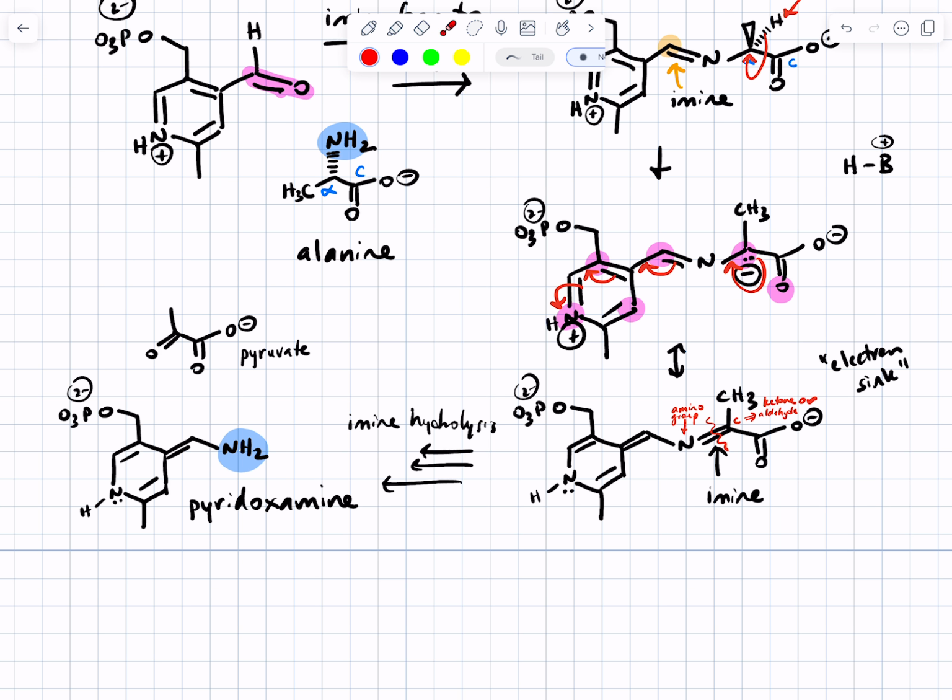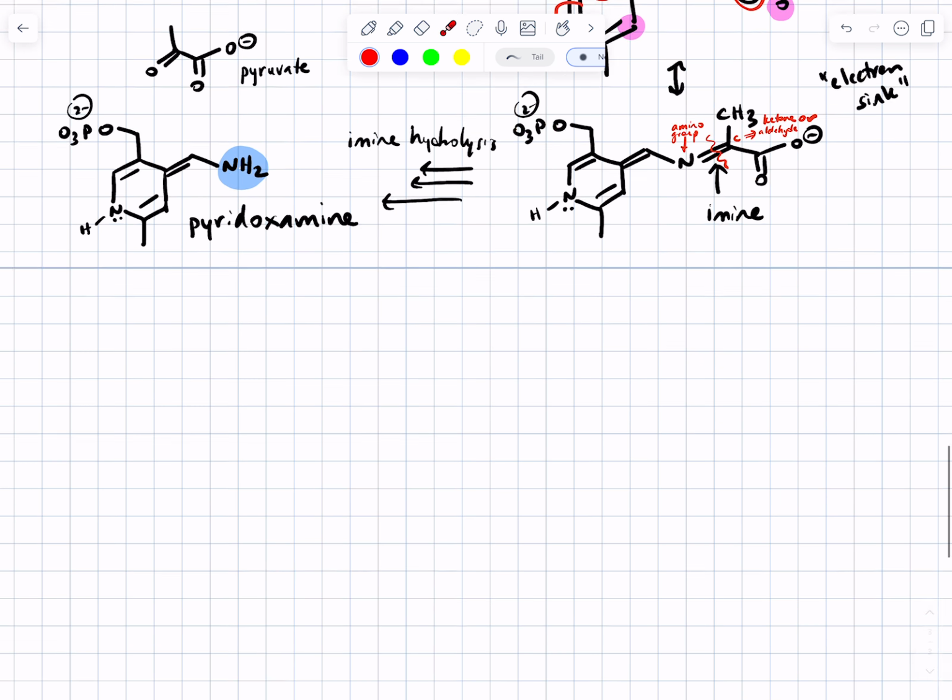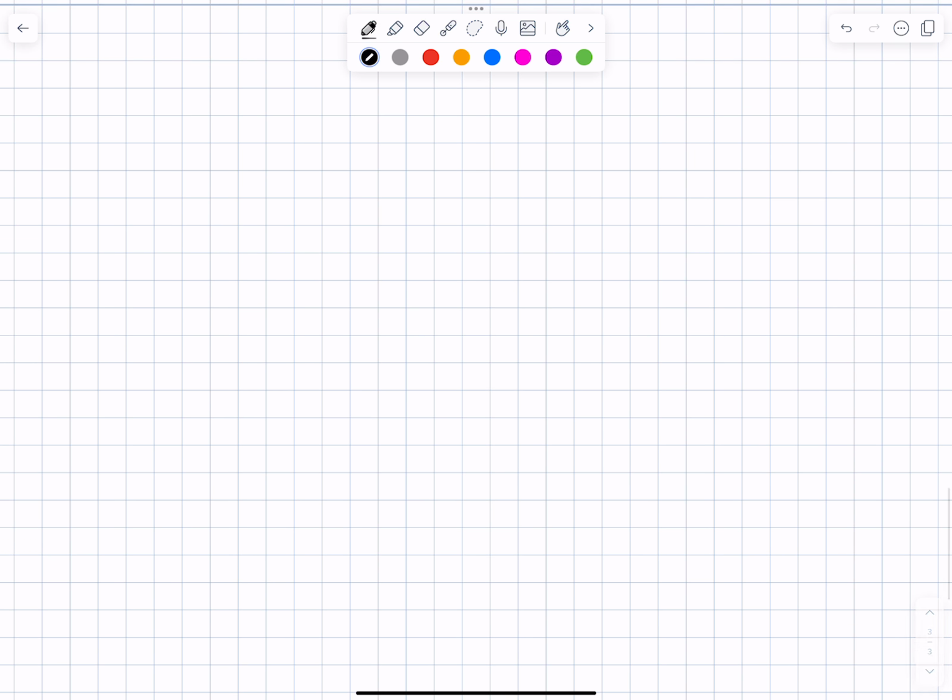All right, so what we're going to do now is, instead of using amines as nucleophiles, let's use water or let's use alcohols. Here is an aldehyde. Here is a ketone.